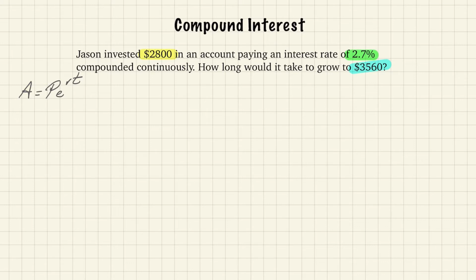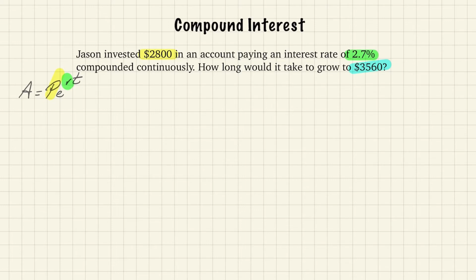That becomes the 2,800, Jason invested $2,800. This is the principal amount that he invested. The interest rate is 2.7%. That is our little R up there. Compounded continuously, we know that that's already E, right? Continuously, that's our E. And then, of course, we have how long would it take to grow to 3560?